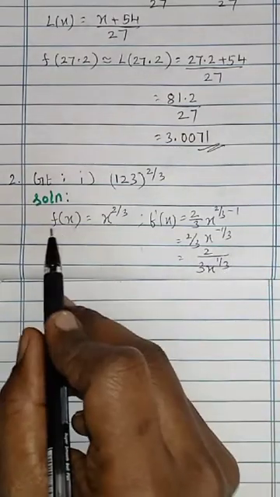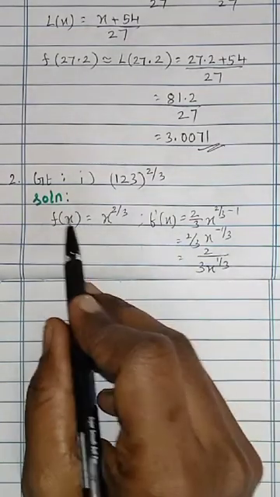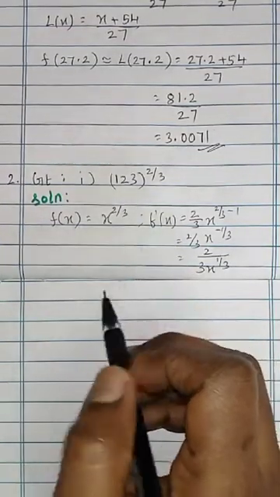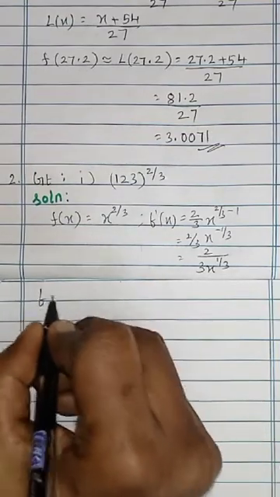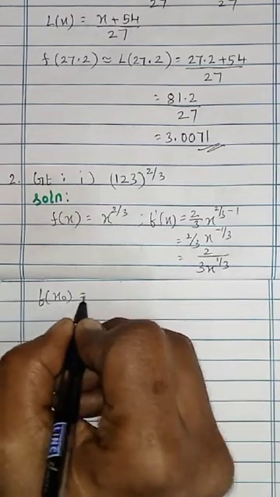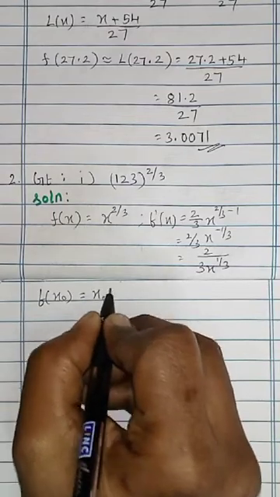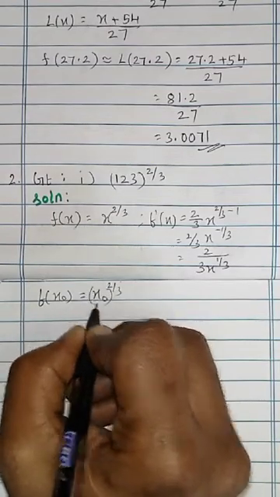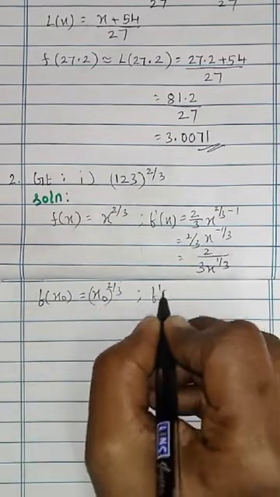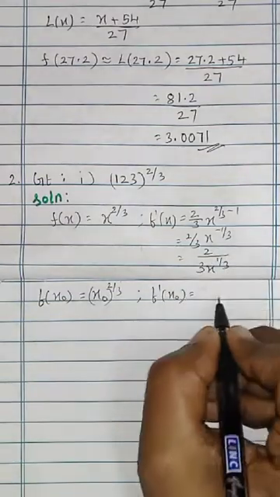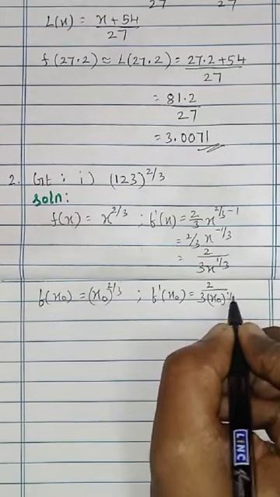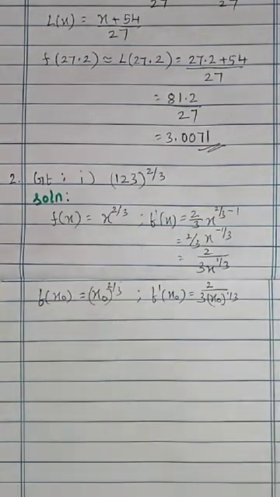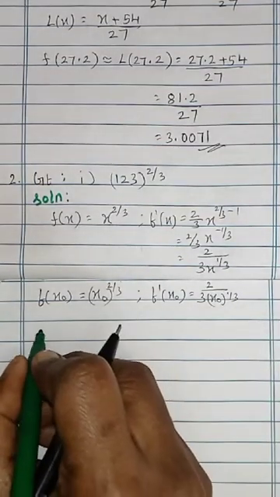Okay, now for f of x and f dash of x, we have to change x to x naught, correct? So f of x naught equals x naught power 2 by 3. Similarly, f dash of x naught equals 2 by 3 into x naught power 1 by 3. Is that okay? Now we want to find the linear approximation.